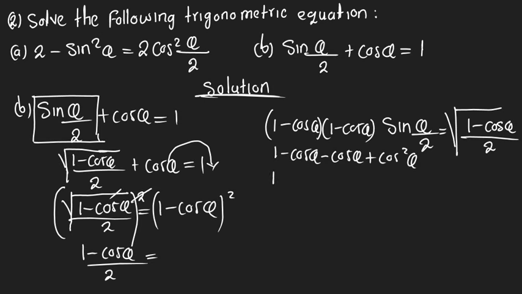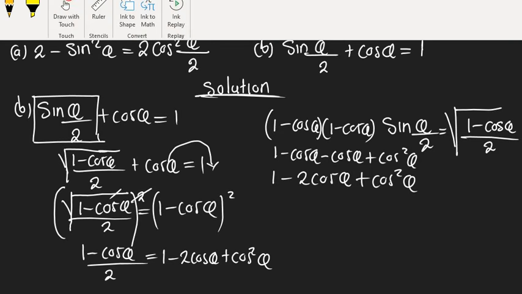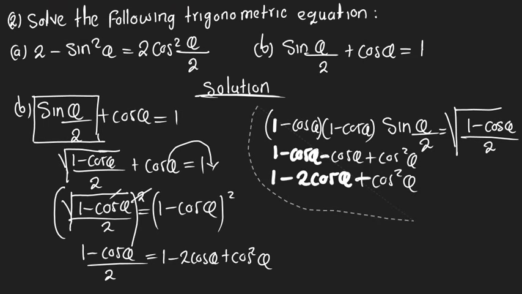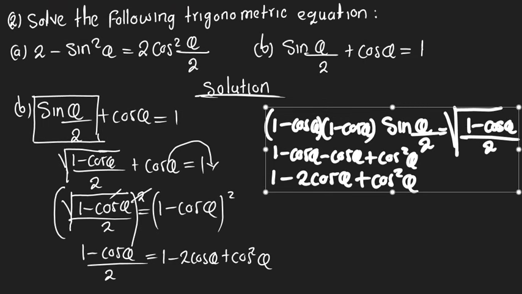Then this is going to be 1 minus 2 cosine theta, because those are like terms, plus cosine squared theta. Right, that is what we have. So we can replace it there so that it becomes 1 minus 2 cosine theta plus cosine squared theta. Very interesting. So don't get lost up to that part.